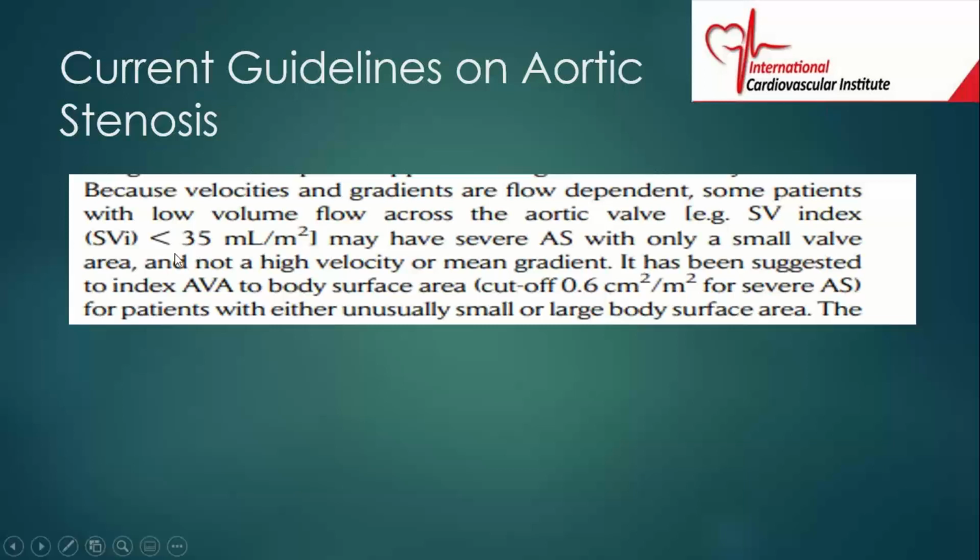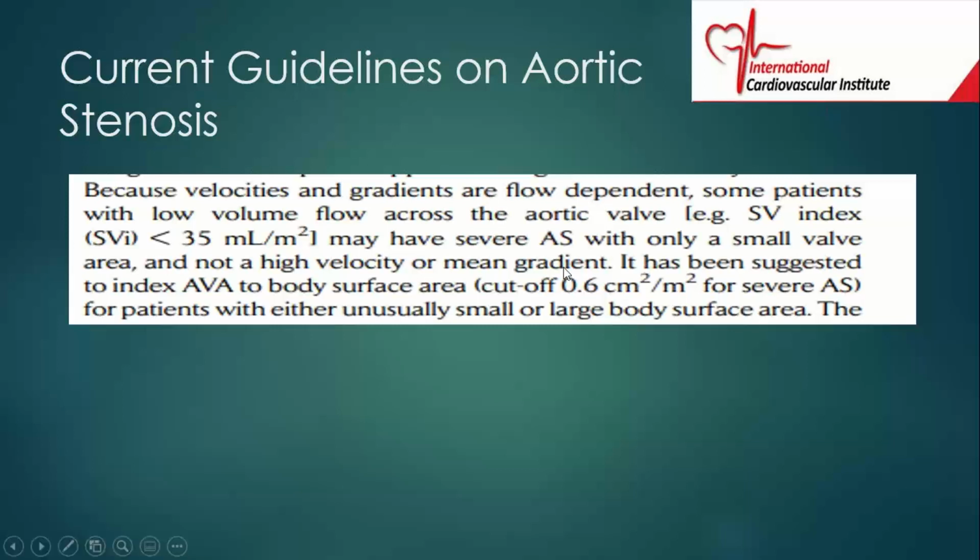And if you have a stroke volume index less than 35 mLs per meter squared, then this is suggesting that the blood flow across the valve, or the blood flow that's coming out of the ventricle, is low. So stroke volume index less than 35 mLs per meter squared suggests that you have a low flow situation.